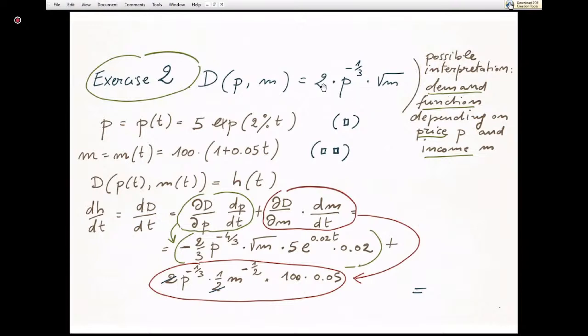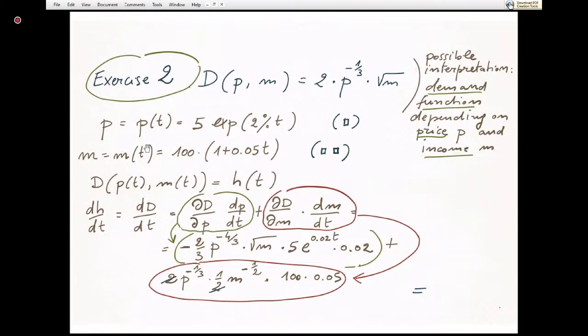This is a power function in two variables: a power function in P with a negative exponent and in M with a positive exponent equal to 1/2. In particular, when we have these power functions, these kinds of computations become very interesting.